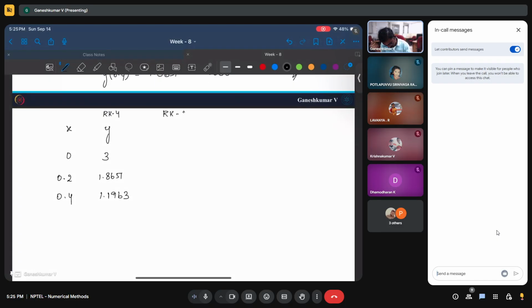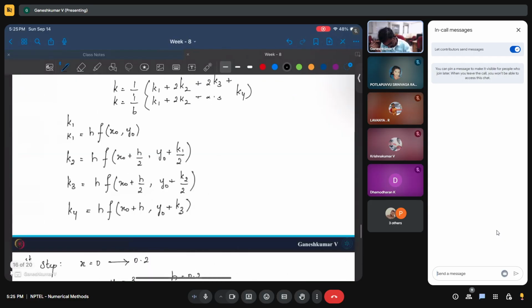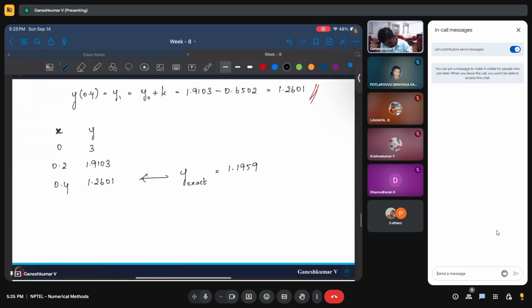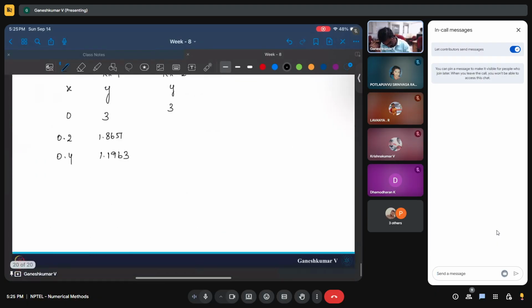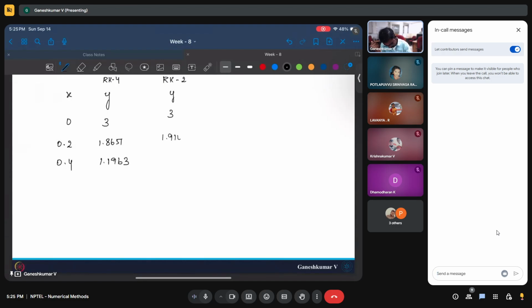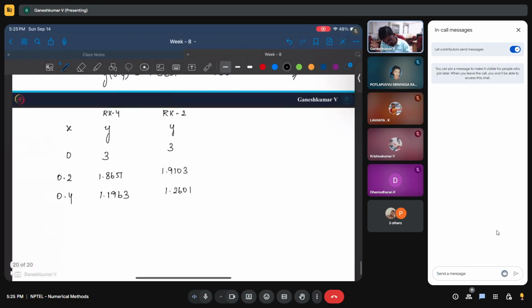Similarly, let's write RK2 here. First value we can eliminate. This was 1.9103. This was 1.2601. Okay. Euler method, how much was Euler method?